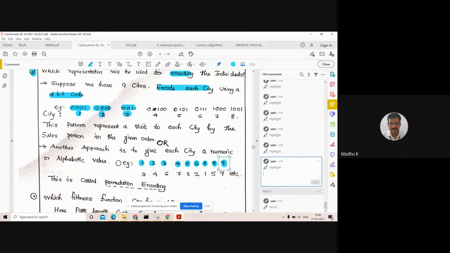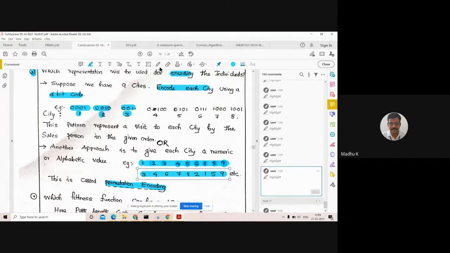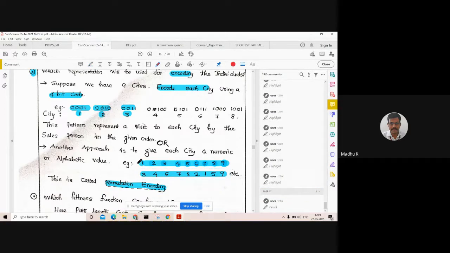So this will constitute a solution. This is a solution path, and I can encode it in this way. Another solution path is a permutation of this path. Permutation encoding can be applied here, for example 3, 4, 6, 7, 8, 9, and so on. So this is one solution.